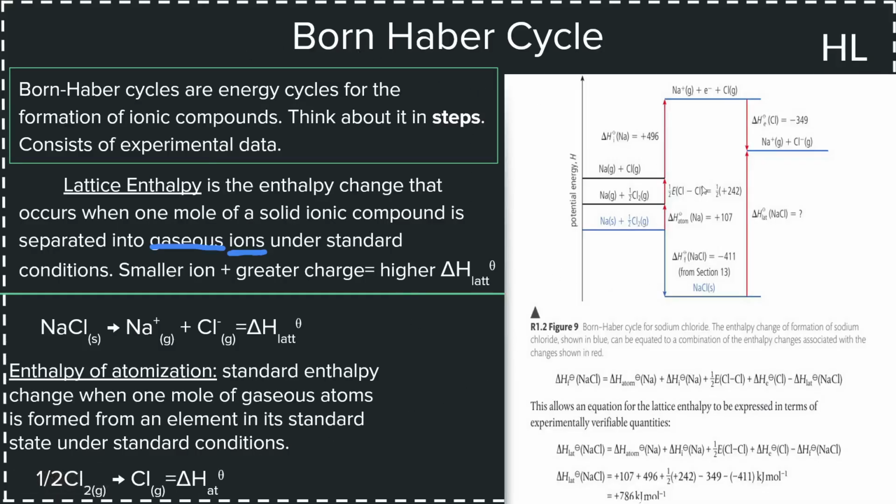So this is what a Born-Haber cycle is going to look like, and I'm going to try to walk you through it. Typically in a Born-Haber cycle, we're trying to figure out what the lattice enthalpy of a specific compound is. Since we know that lattice enthalpy is when 1 mole of a solid ionic compound is separated into gaseous ions under standard conditions, we're going to start with elements in their standard conditions and work our way up to getting our gaseous ions.